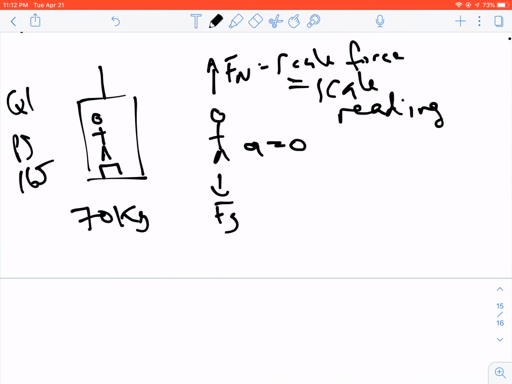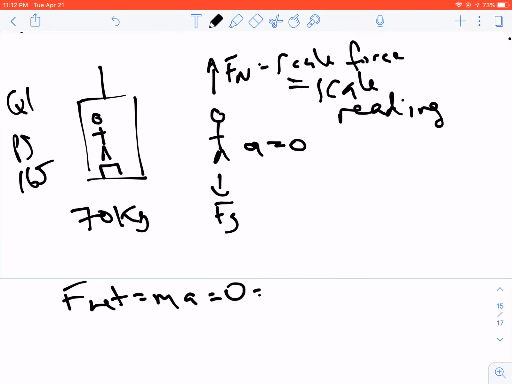Or if somebody pushes the basement button when you're standing there and all of a sudden it starts to go down, you feel a little light in the knees. Those scales aren't actually pushing you up quite as much as they were before. So we're going to see that the scale reading is going to change here. So if I was to do my F net statement here, I know that my F net here is ma, which is 0, because there's no acceleration, the elevator is stopped.